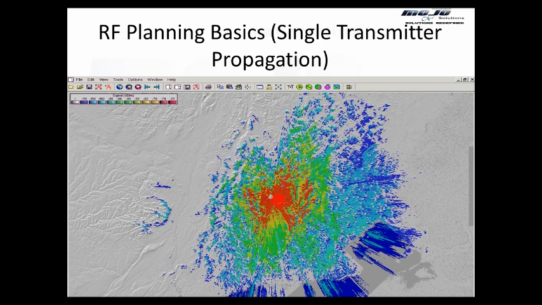For UMTS, there is RSCP. We will explain the concept of what the different RSCP, RSRP, RSSI are. Here I'm just talking about the concept of propagation. So the farther we go, the weaker the signal becomes, and that is basically the very basic ABC of propagation. This is what propagation does.